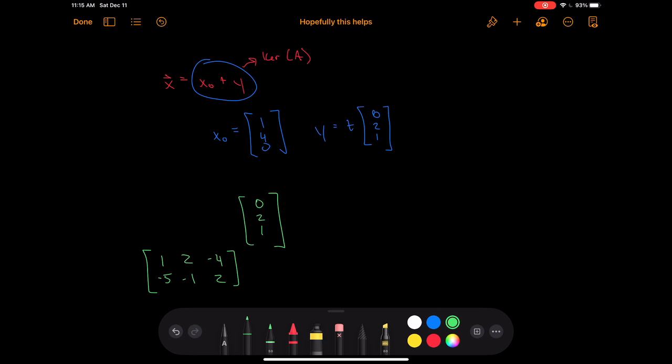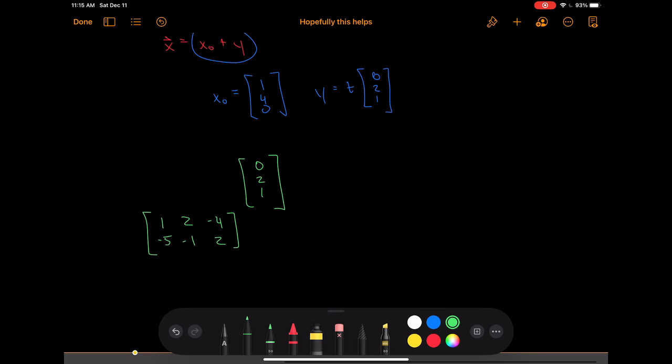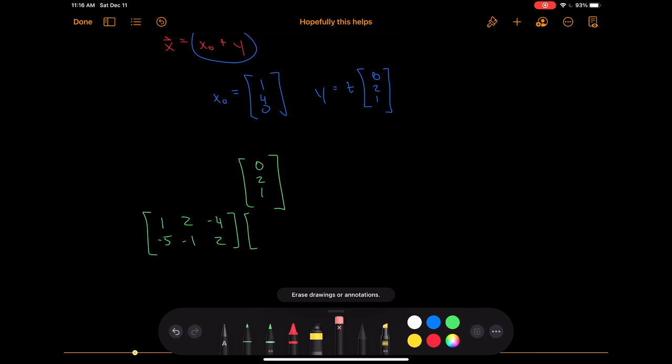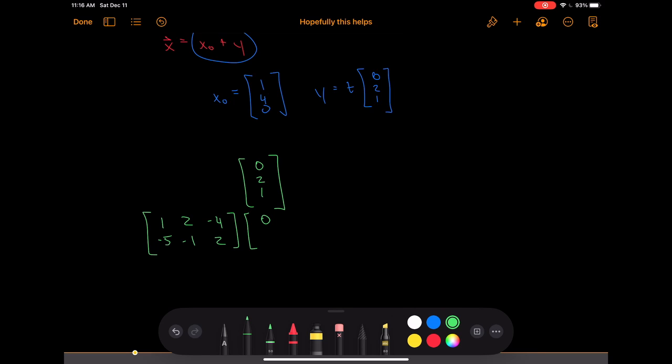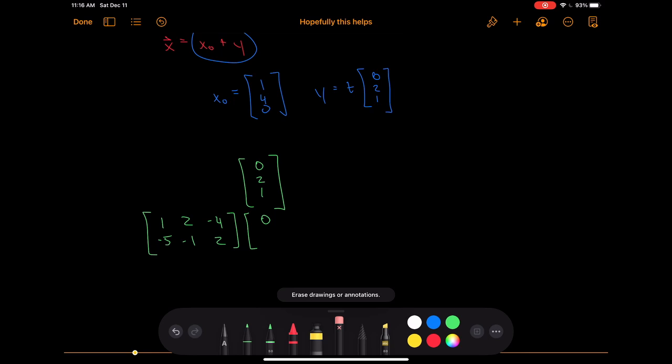As you can see here, we have 3 columns and then 3 rows. So we are able to multiply these two matrices. And what we end up with, we do this really quick. We have 0 times 1 plus 2 times 2 minus 4 times 1, or 1 times -4. So that would just be 4 minus 4, which would just equal 0. And then the bottom one would be -5 times 0, 0, plus 2 times -1, which is -2, plus 2 times 1, which is 2.